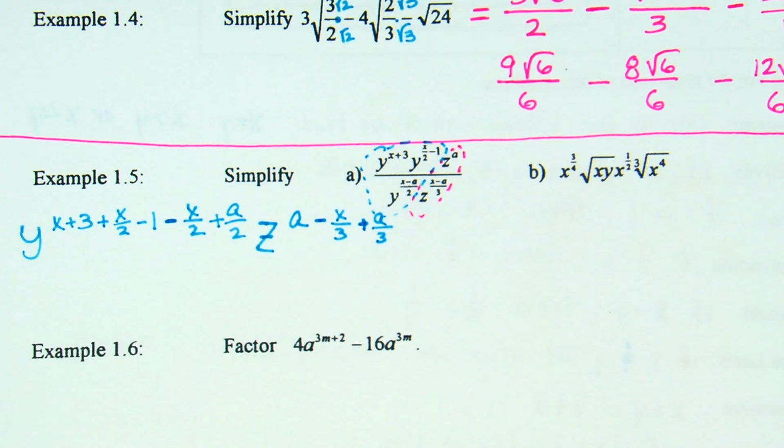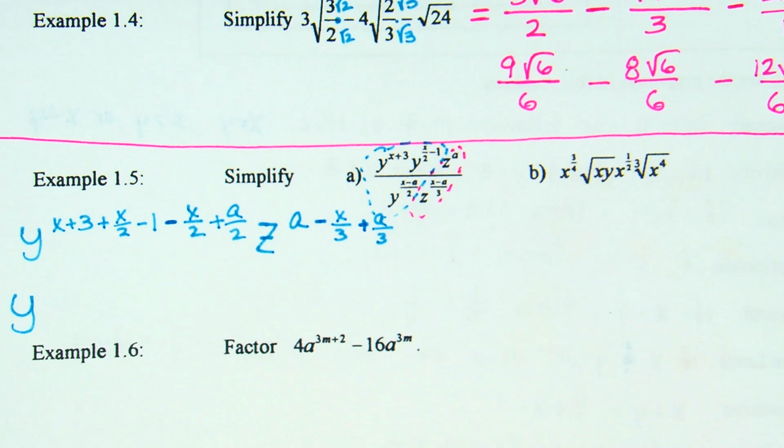Okay, so let's clean up the y. What do we have going on here? What do you notice about this x over 2? Plus x over 2 and minus x over 2 cancel. 3 minus 1 is 2.